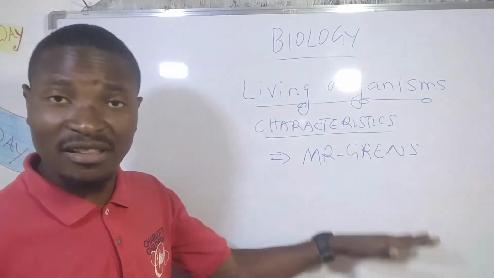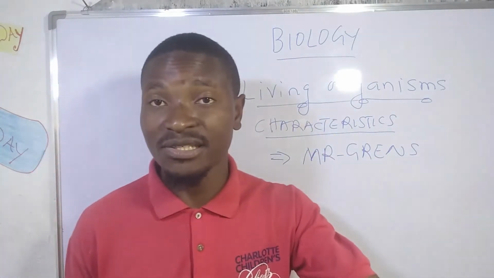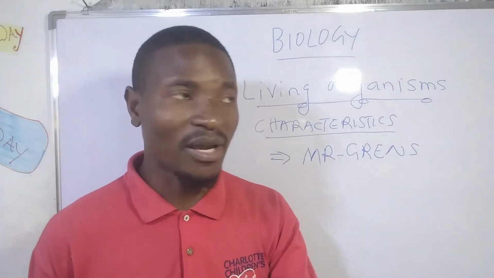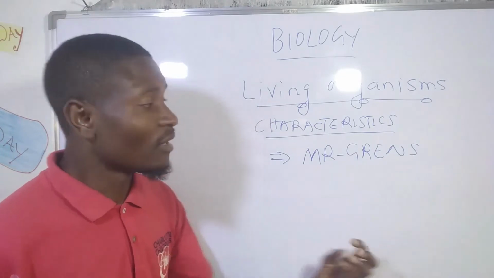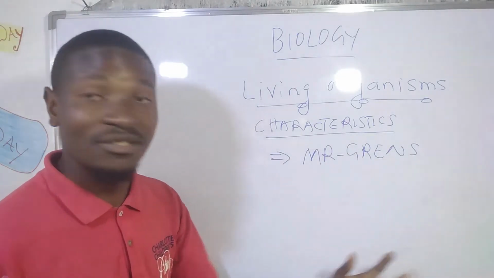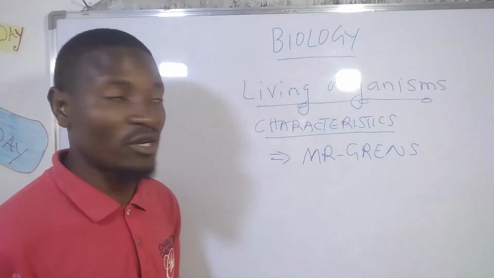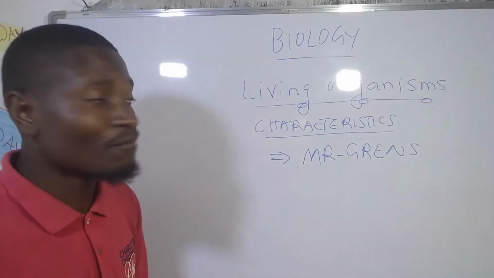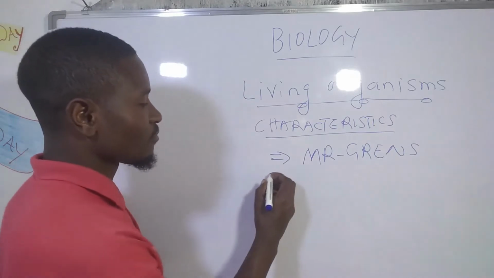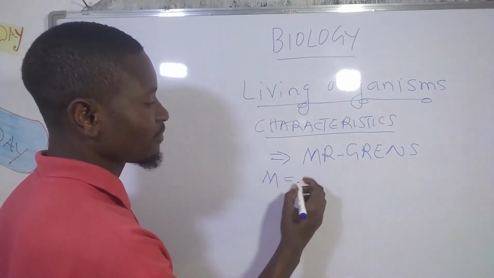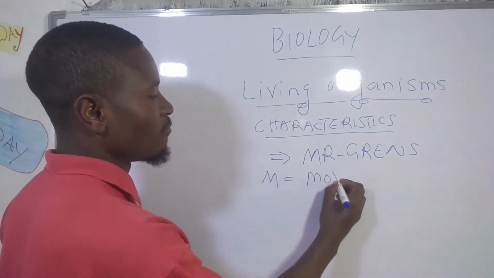Everything lies in the characteristics of living things. Now let's see what each of those letters in the abbreviation would actually mean, if you unwrap the puzzle. M equals movement.